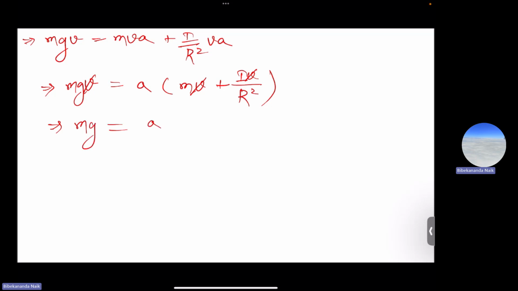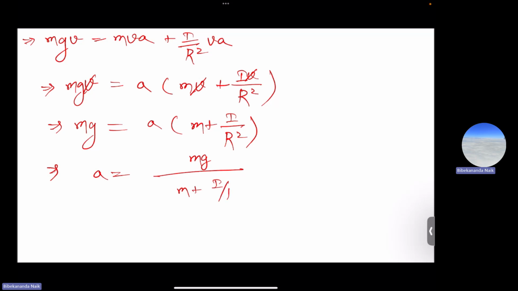Mg equals to a into m plus I by r square. That implies a equals to mg divided by m plus I by r square.